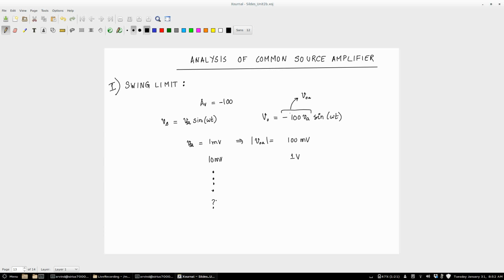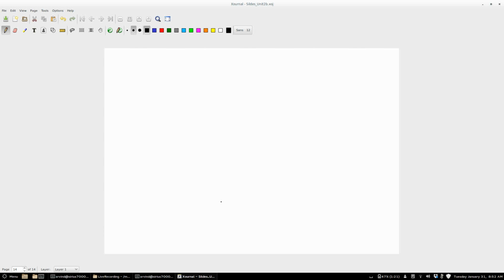Would that be 100 volts? If I go to this, it would be 1 volt. So can I keep going indefinitely? Why? Because there is something called the swing limit, but we understand why that is the case. Correct? So let's see why that is the case.